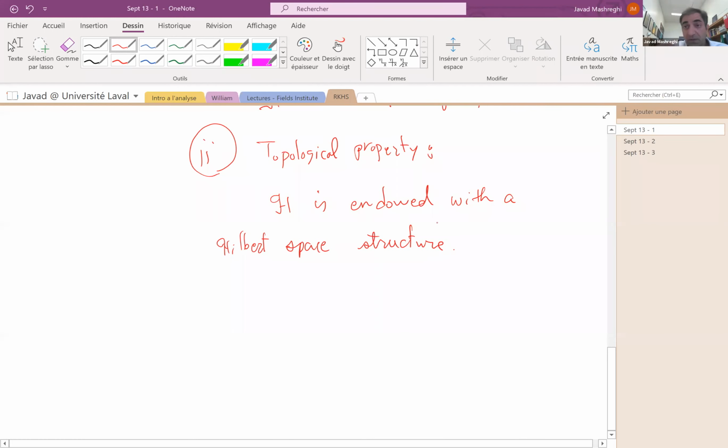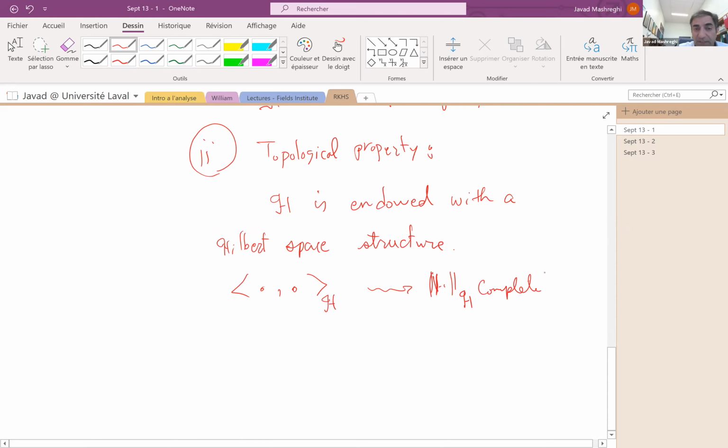What does it mean? It means that there is an inner product, which I will denote by this notation. And if I want to emphasize we are in H, I will put an H here. It's an inner product, and the corresponding norm, which comes out of this, is complete.